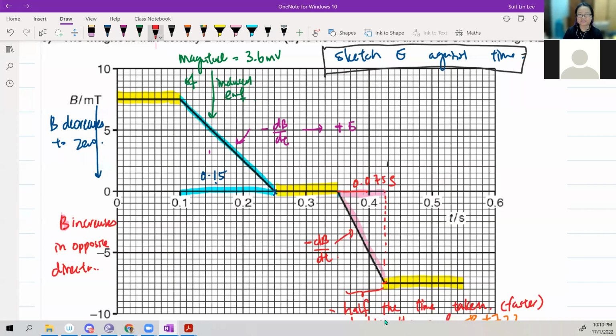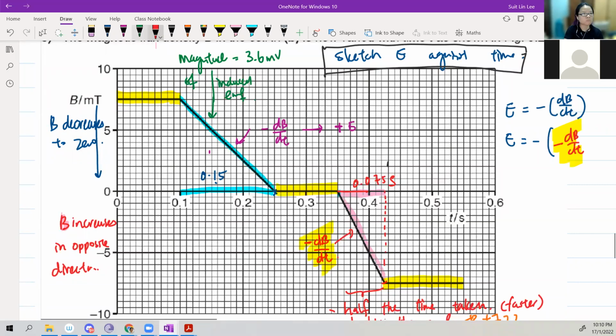So if it is negative and you want to fight the decrease or actually increase in the opposite direction, your induced EMF E is negative dB/dt. So if dB/dt is already negative, here we are going to put negative dB/dt.